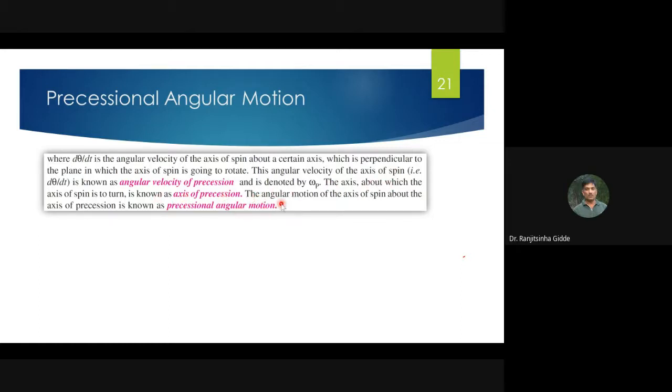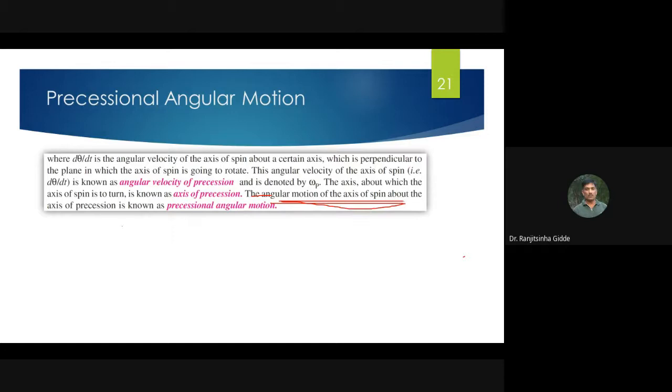And the last sentence also. The angular motion of the axis of spin about the axis of precession is known as precessional angular motion.